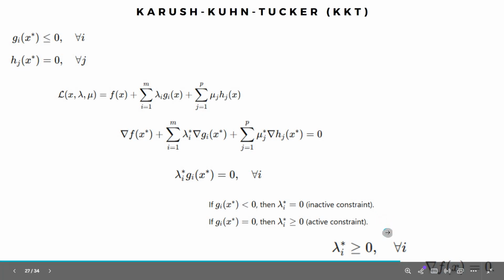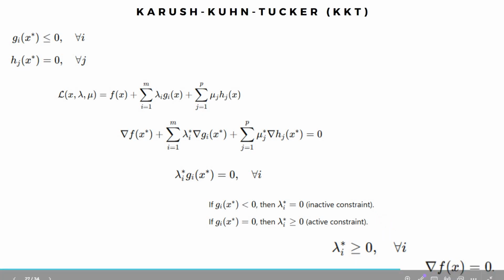And let's talk about what's happening here. This makes sense because the Lagrange multipliers represent penalties for violating the inequality constraints, and penalties can't be negative. If a constraint is inactive, its multiplier is zero, and if it's active, the multiplier is non-negative.